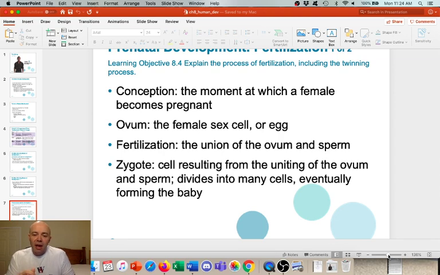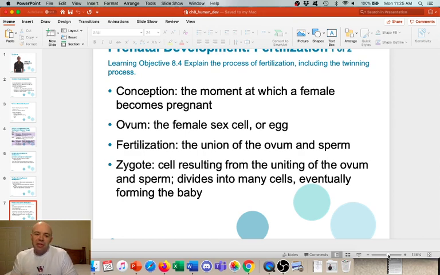Females, on the other hand, while they're still in their mother's womb, develop every ovum they will ever have. And when they're born and they eventually reach menarche, they have their first menstrual cycle, they'll begin to lose those eggs, those ovum, over time. And where men are producing new sperm cells every day, females lose ovum every month.